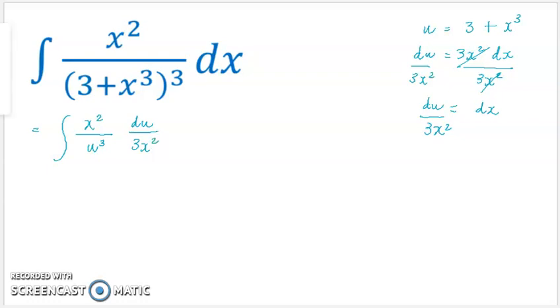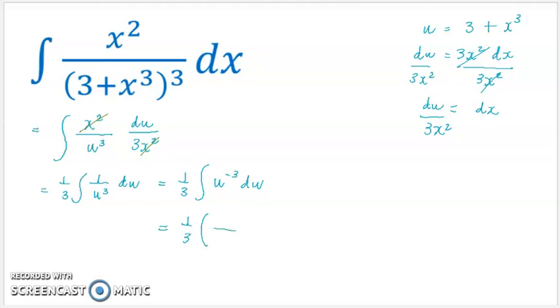Then we can cancel the x squared and move the constant in front of the integration symbol. So we have 1/3. That's 1 over u cubed du. Then we can rewrite this as 1/3 integral u raised to negative 3 du. And applying the rule, this is 1/3. So negative 3 plus 1, that's negative 2, so over negative 2 plus c.